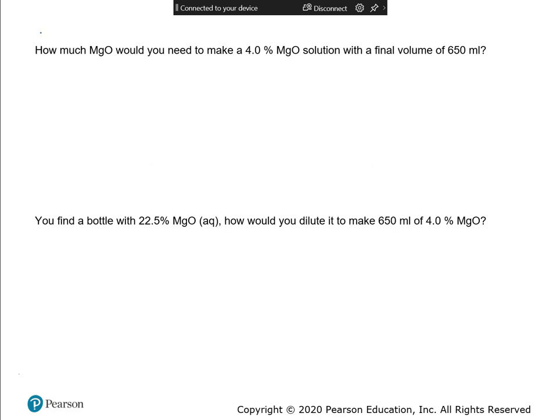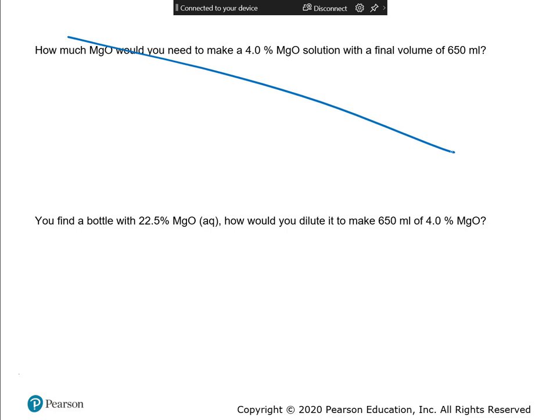Okay? So skip that one because that one's actually doing a percent solution. We ain't got time. So this one, if you find a bottle of 22.5% magnesium oxide, aqueous, so there I know it's a solution because it's aqueous, so the magnesium oxide is dissolved. How much would you dilute to make 650 mils of 4% magnesium oxide?